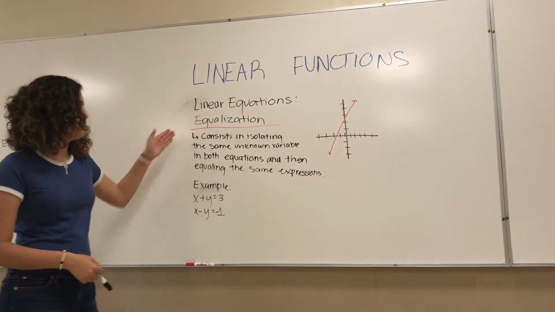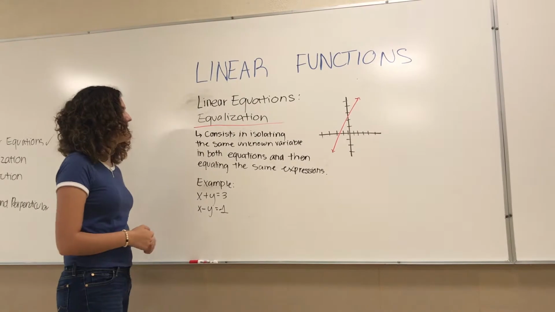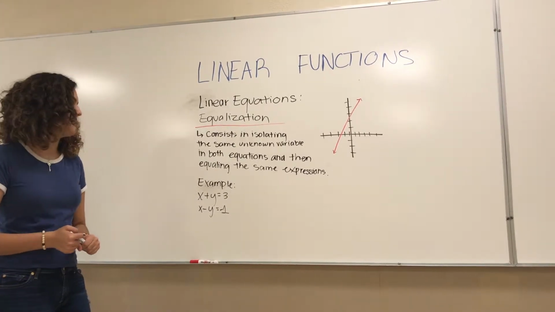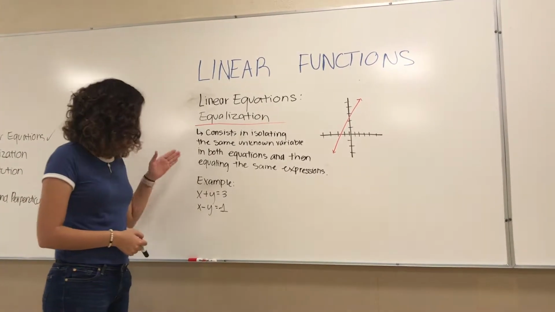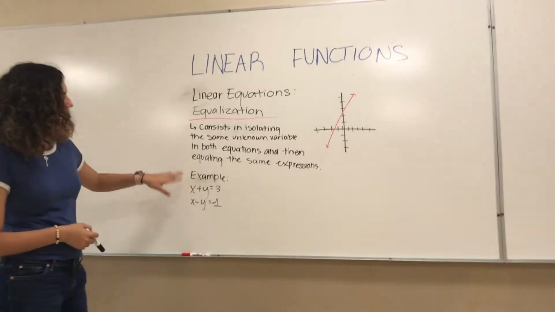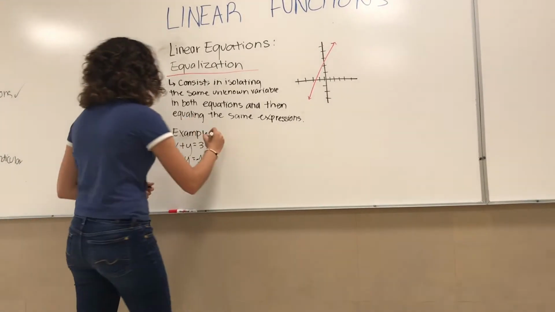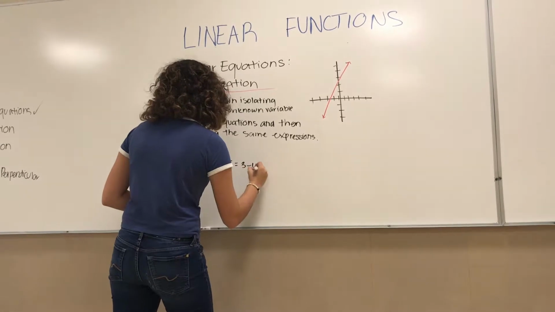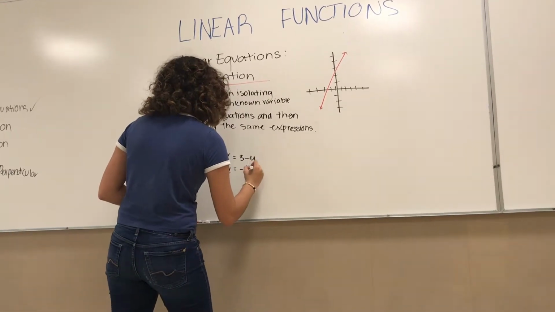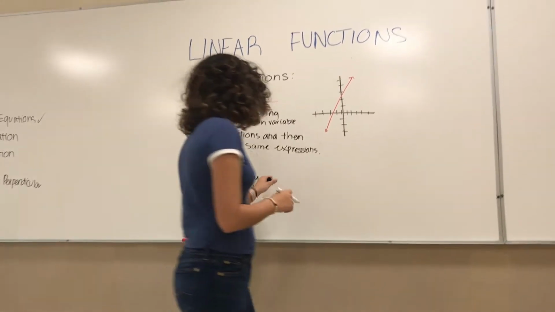Okay, so equalization. Equalization consists in isolating the same unknown variable in both equations and then equaling the same expressions. We're gonna do an example. In here, we're gonna isolate the x. To have this, you equal both answers.